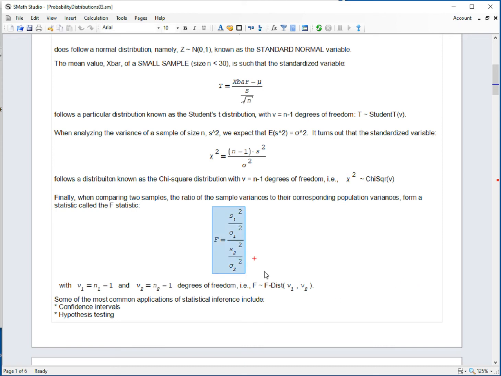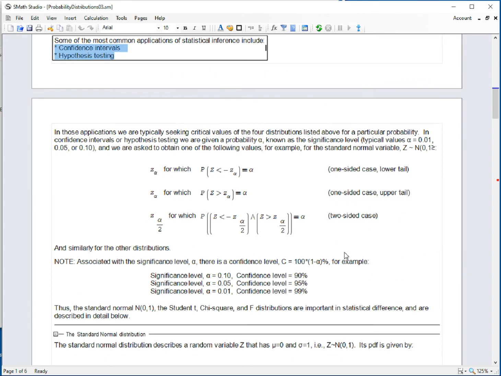And this statistic follows the so-called F distribution with parameters nu1 and nu2. And these four probability distributions are used for statistical inference, specifically to determine confidence intervals and hypothesis testing on the mean and the variance of samples.